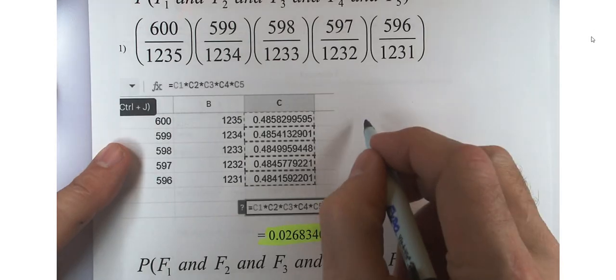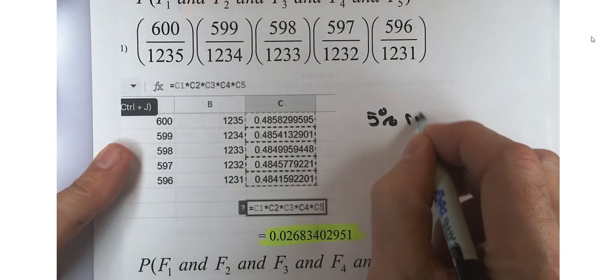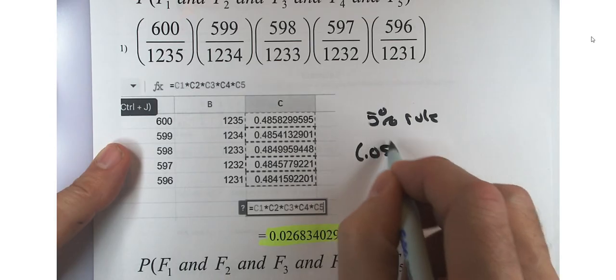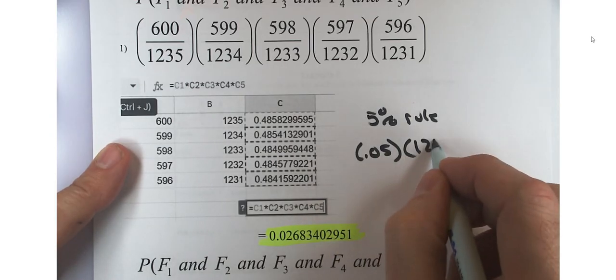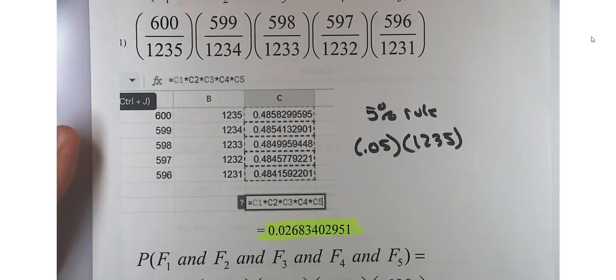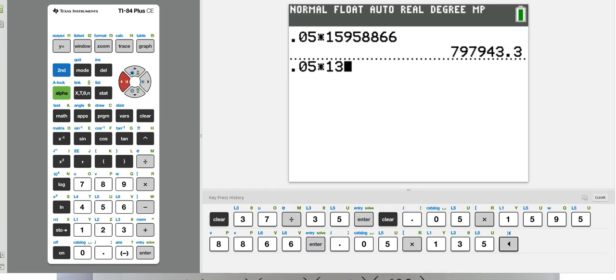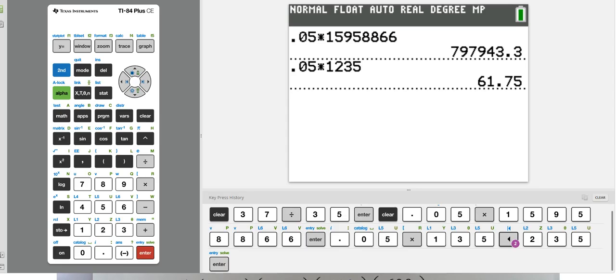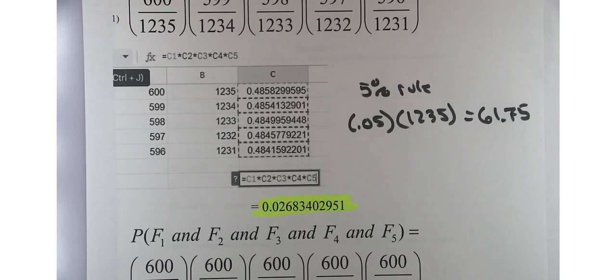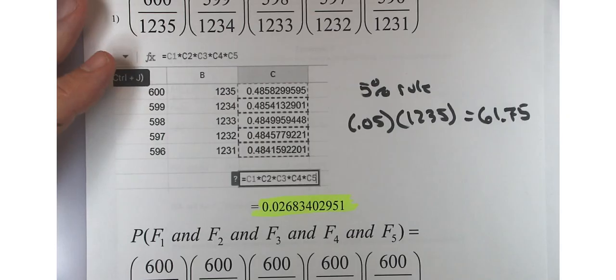So, 5% rule. 5% of 1,235 is going to be 60-something, I would think. So 0.05 times 1235 is 61.75. Is our sample smaller than that? What's our sample size? Let's be careful.